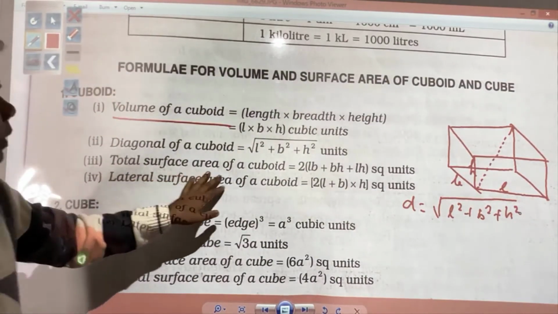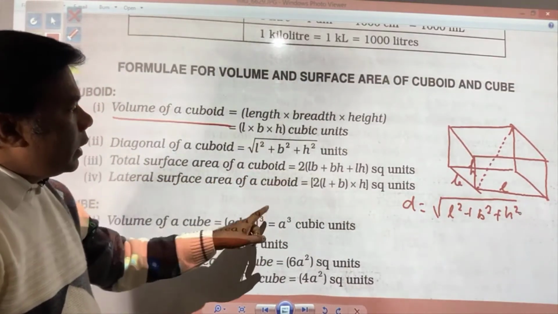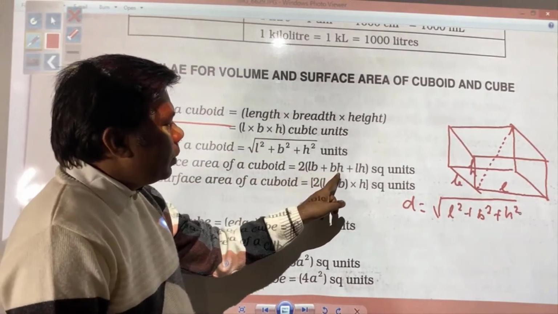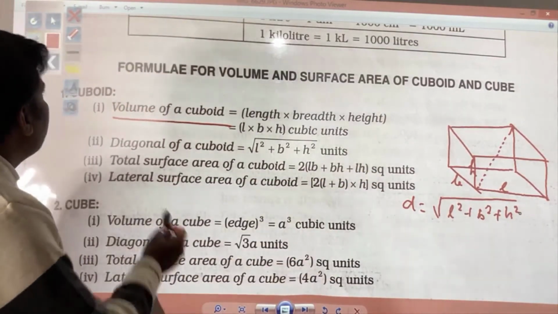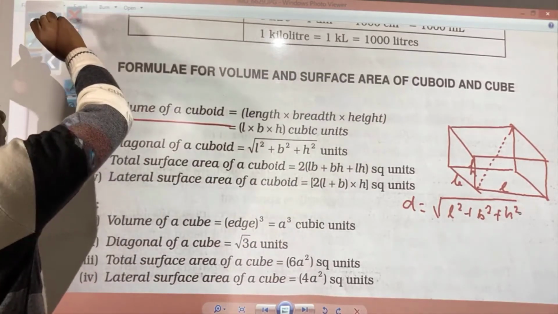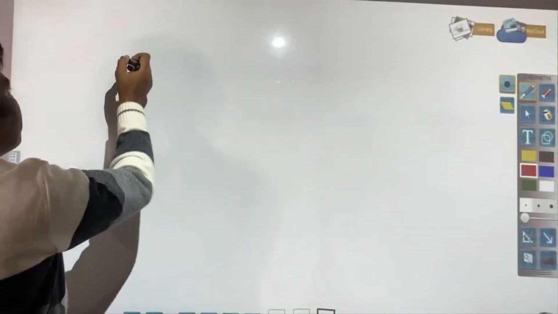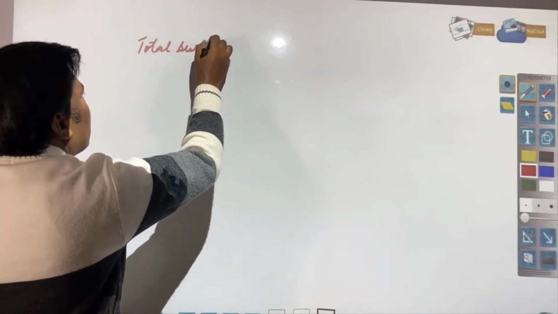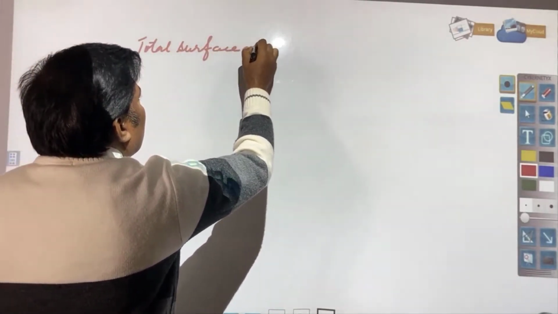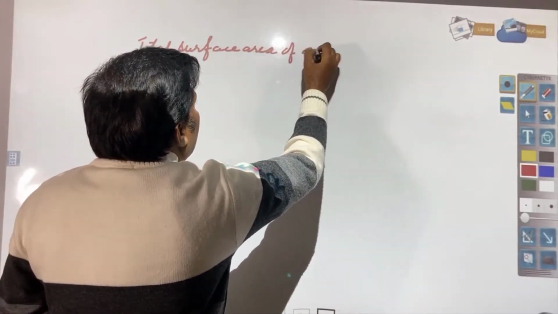Then total surface area of a cuboid is equal to 2 into LB plus BH plus LH square unit. How does it come? Just you see. Total surface area of a cuboid.